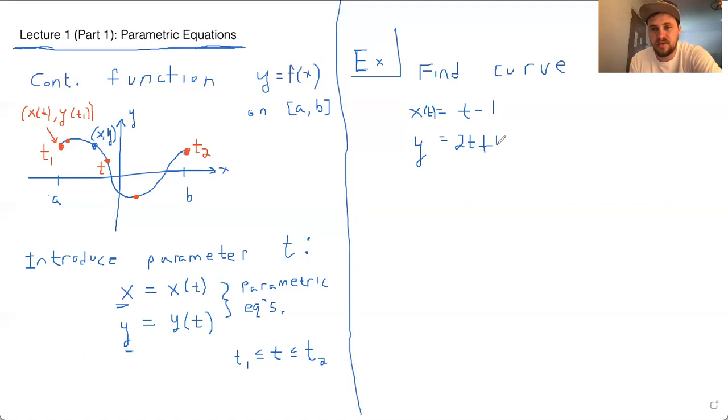And we want to look at this curve on the interval t between -3 and 2. Okay, and if you just want to find a curve when you have relatively easy numbers and bounds, I would just plot points here.